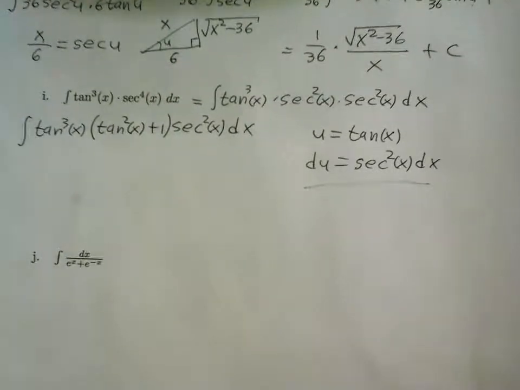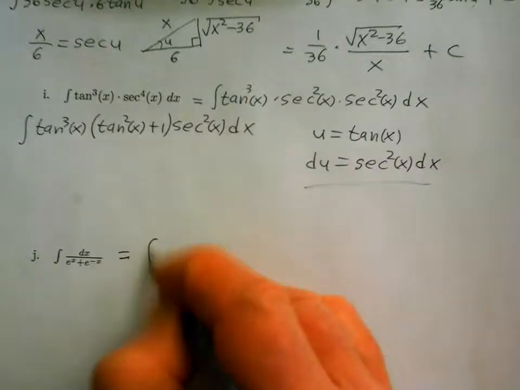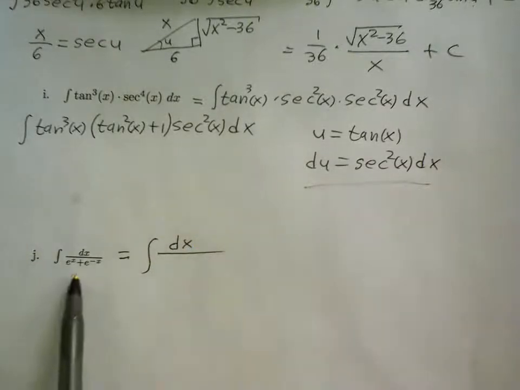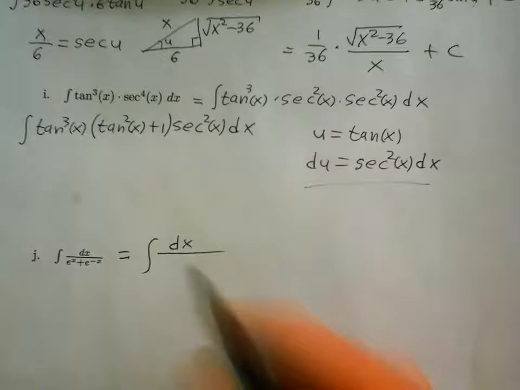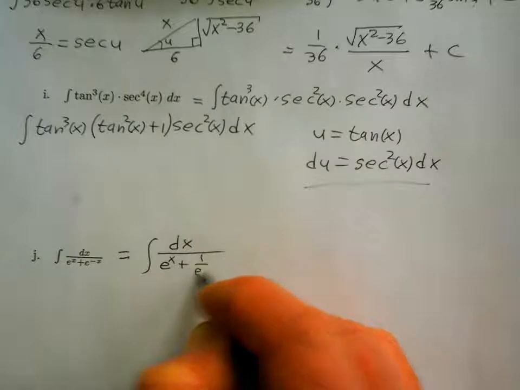Okay, in part J, we have the indefinite integral of dx over e to the x plus e to the negative x. Well, if we rewrite this in the denominator, e to the x plus e to the negative x is e to the x plus 1 over e to the x.